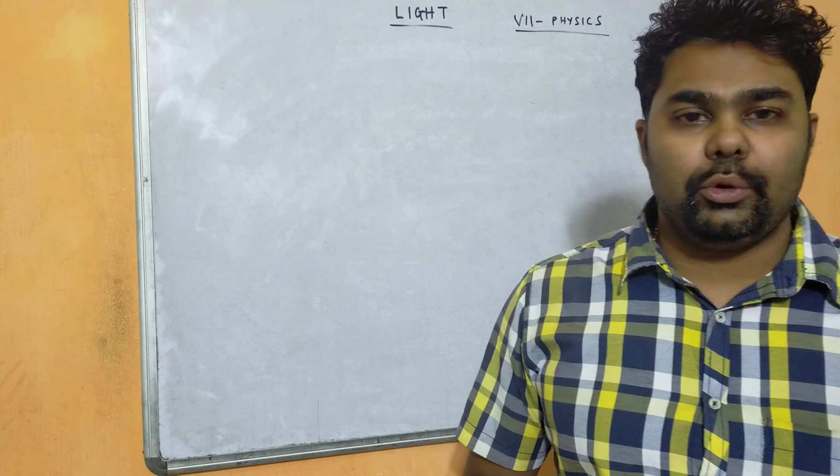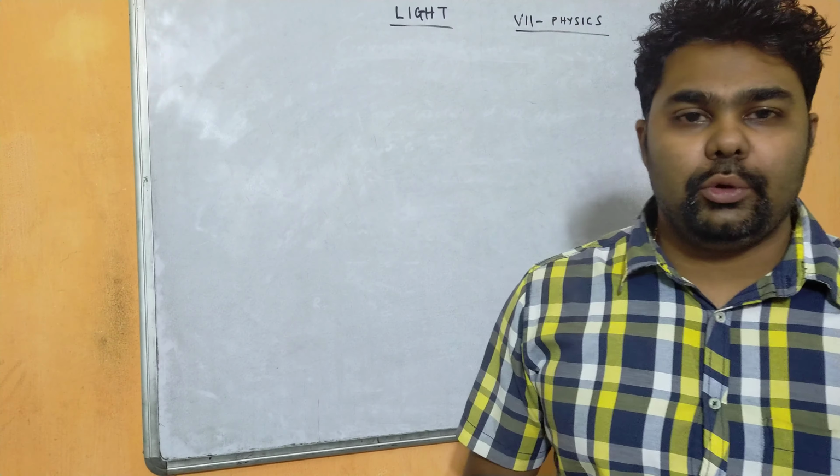Okay. Let us see what is AB. AB is called the incident ray. Right. What is BD here? BD is called here the reflected ray. And angle I is called the angle of incidence.